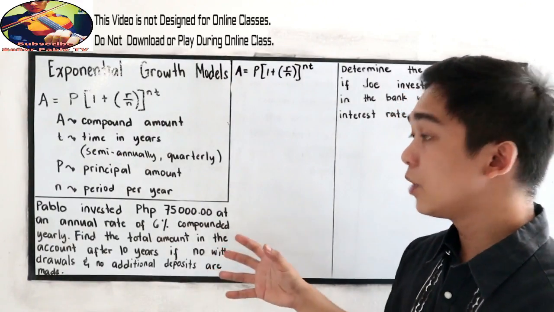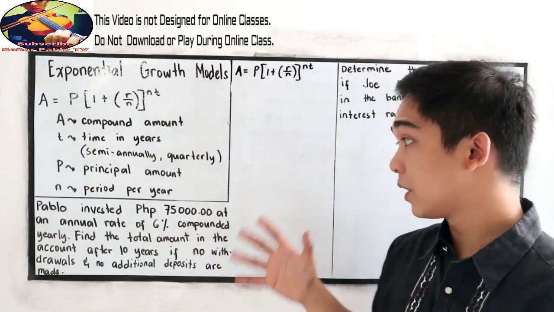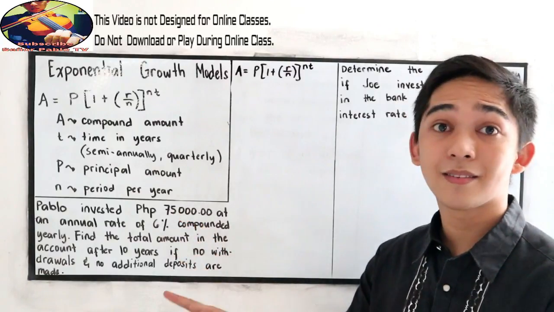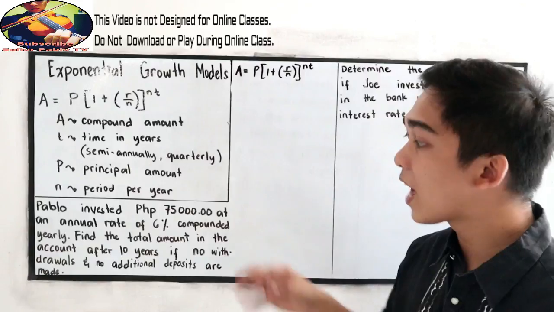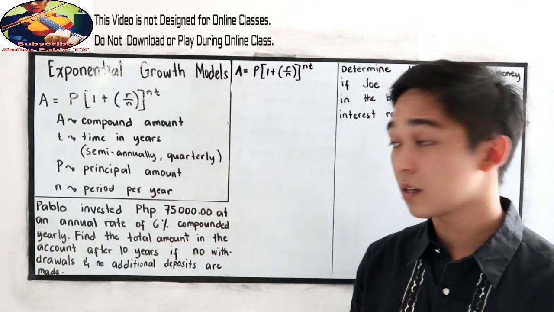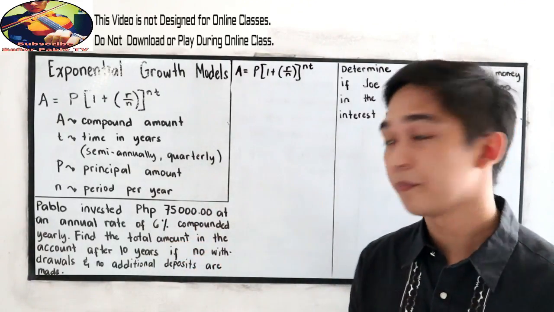Okay, in short, Pablo deposited 75,000 in his bank account with an annual rate of 6% compounded yearly.